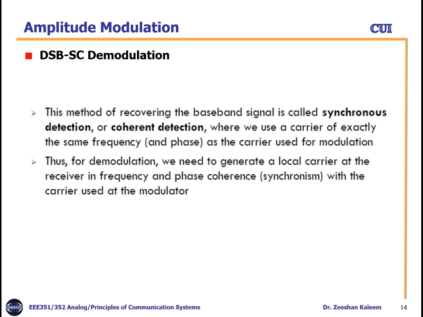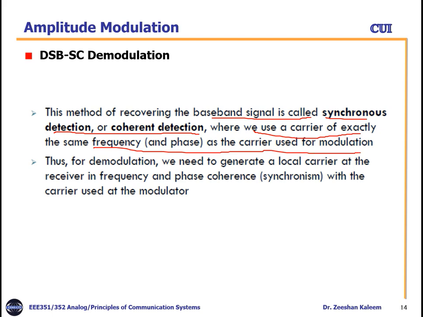This method of recovering the baseband signal is called synchronous detection or coherent detection. What does it mean? As I told you, when we are doing modulation, we are not separately or independently transmitting a carrier signal beside the modulated signal. So we use a carrier of exactly the same frequency and phase as the carrier used for modulation.